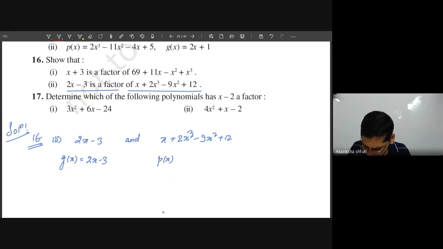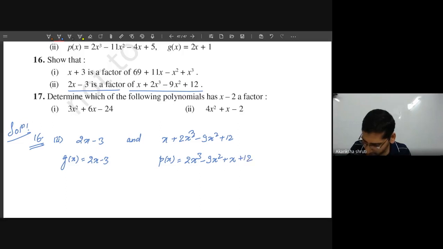So 2x cube is there, so write this as the first term. Next is the x square term, minus 9x square, then plus x, then plus 12.